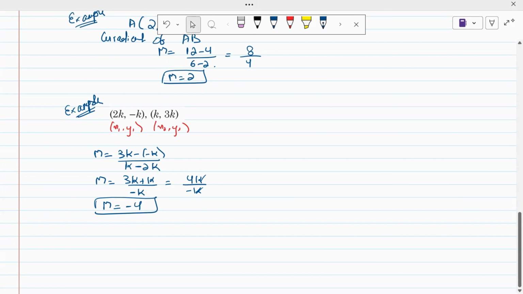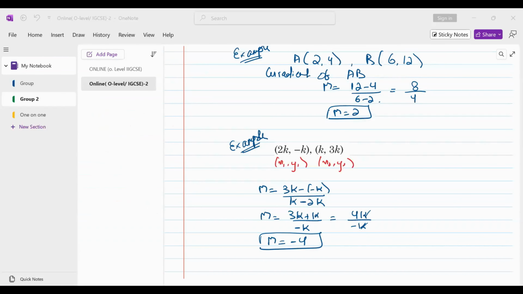And at the same time, we can also expect questions where the gradient would be given to us, and there would be one of the points missing.